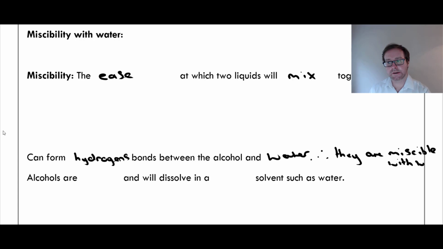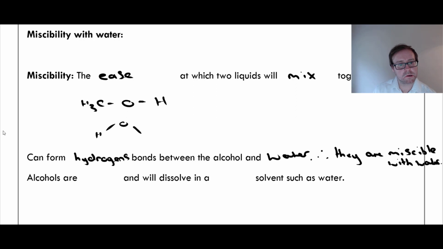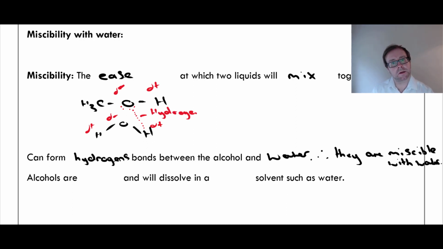If I was going to draw a diagram, it'd look very similar to the one I've just previously drawn, so I'll do it quickly. OH, H, O, H, O. So delta minus, delta plus, delta plus, delta minus, delta plus, lone pair, and then I form a hydrogen bond between my alcohol and water, which means they can mix together.